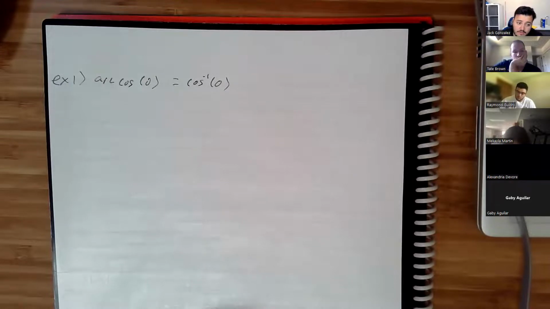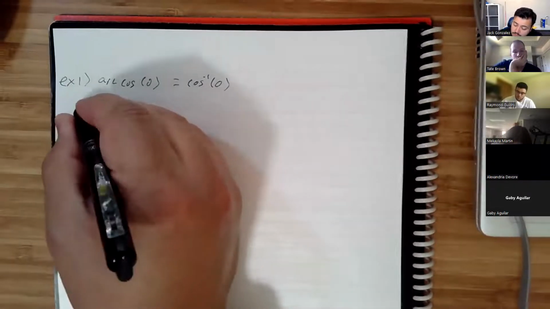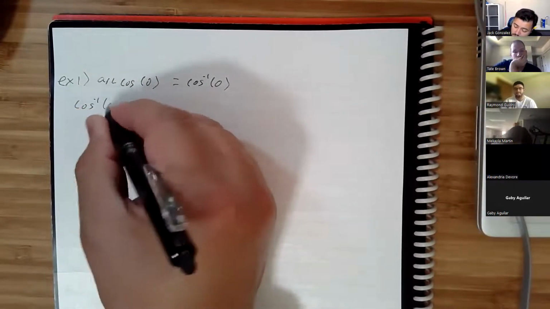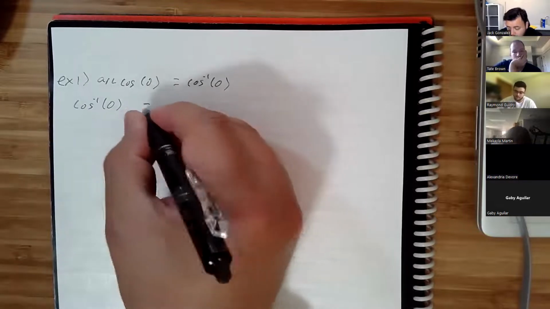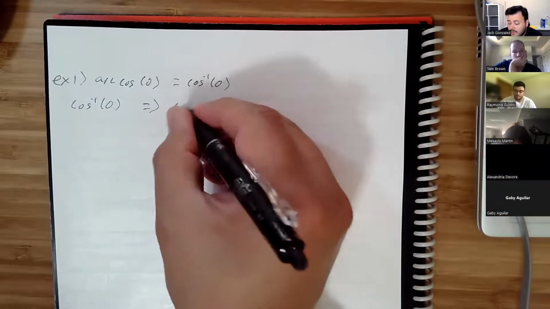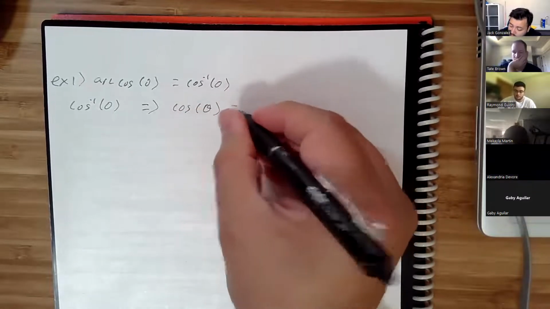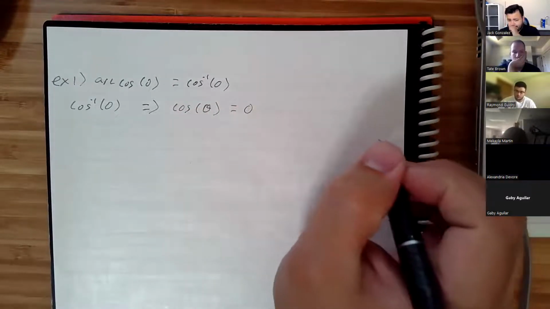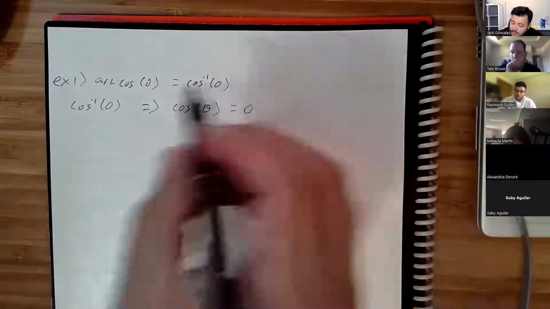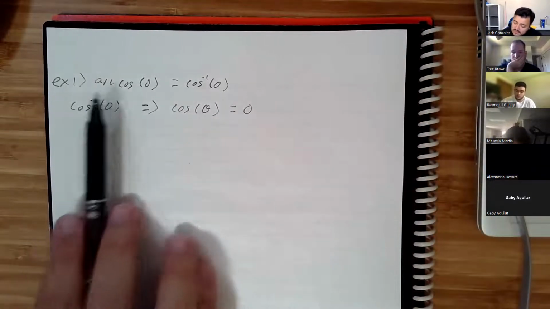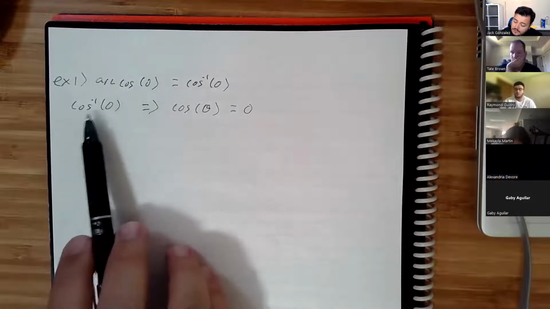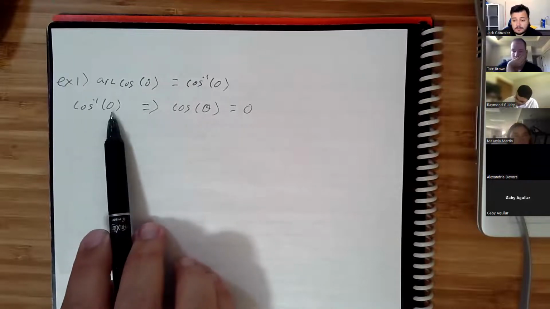If we use the definition we said earlier, cosine inverse of 0 can be rewritten as cosine of some angle equal to 0. So what this is saying is that there exists some angle that will make cosine 0.